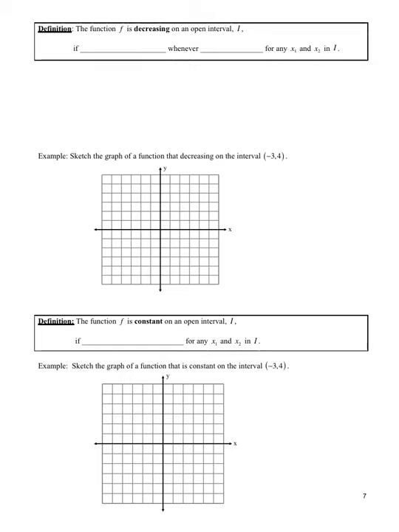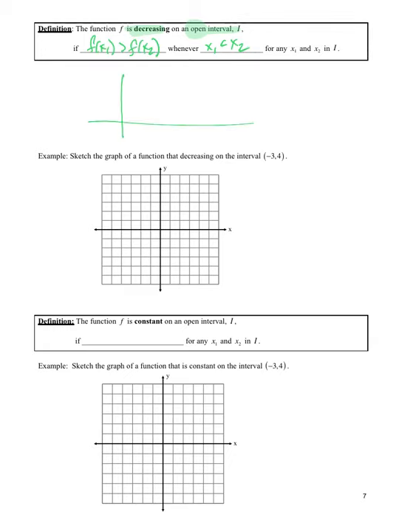Now, let's talk about what it means for a function to be decreasing on an open interval. Again, it's always defined on an open interval. For a function to be decreasing, that means it's going down left to right, then for any, let's say, x1 that is less than x2, where x1 and x2 are in that open interval, f of x1 has to be greater than f of x2.